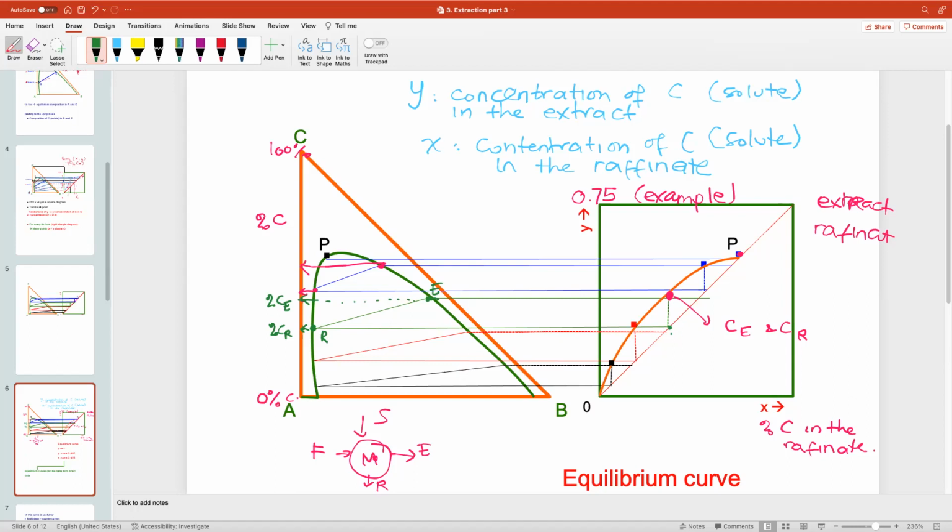This line tells you Y equals X. So if the concentration of C in the raffinate is this one, reflected onto Y equals X, then I can say the X would be again here, the percentage of C in the raffinate, while the Y here is the percentage of C in the extract.